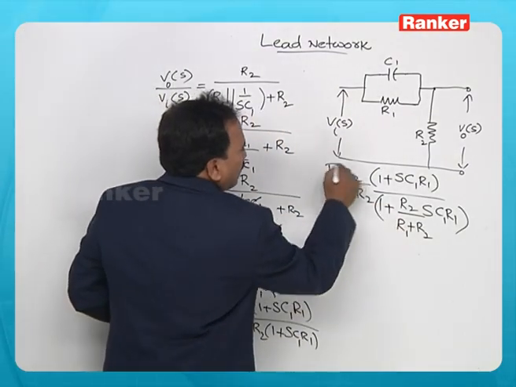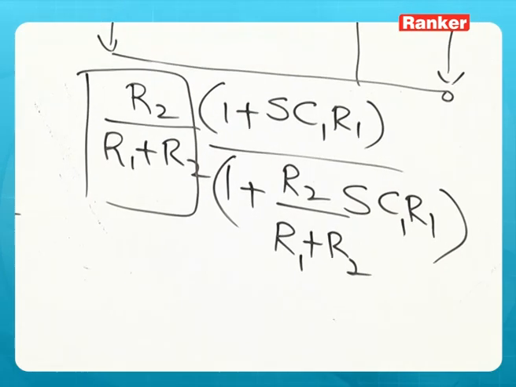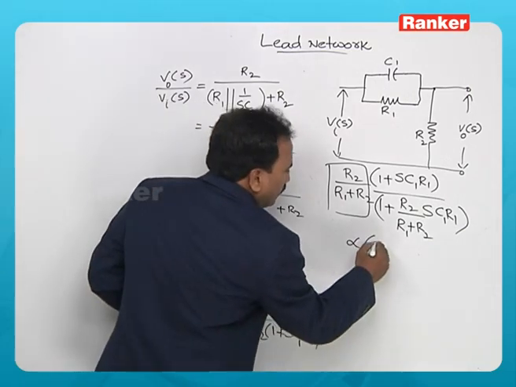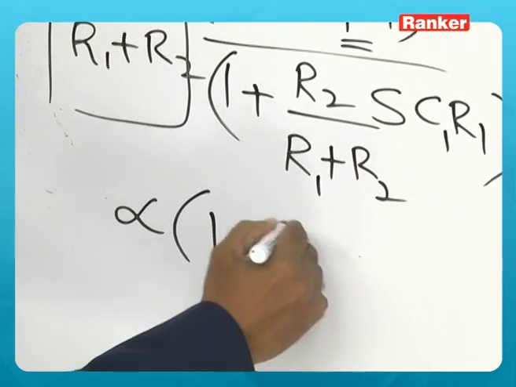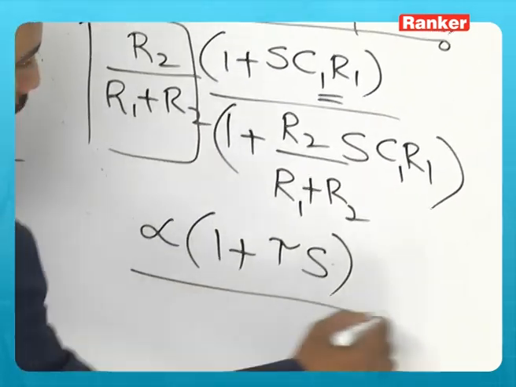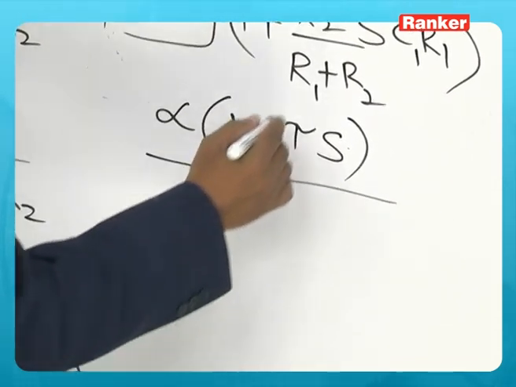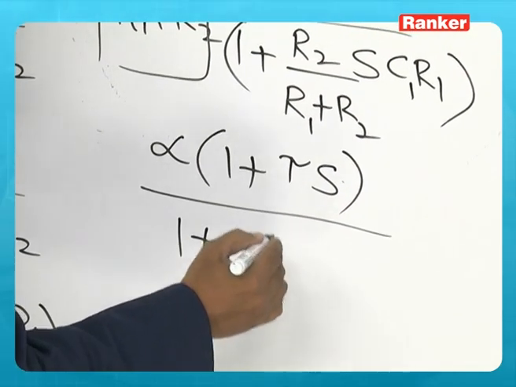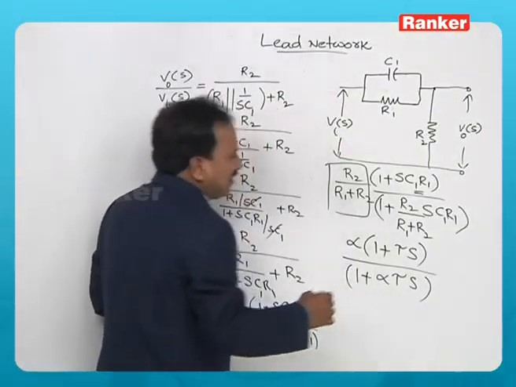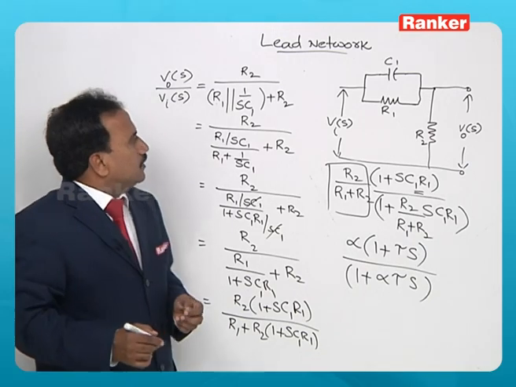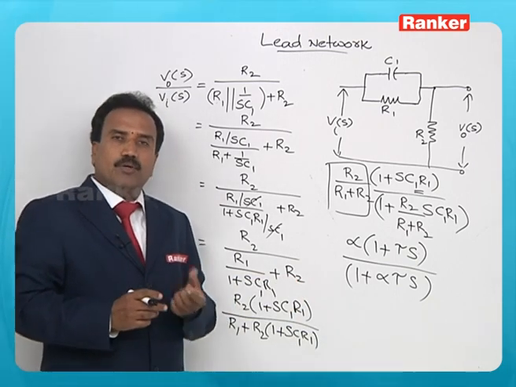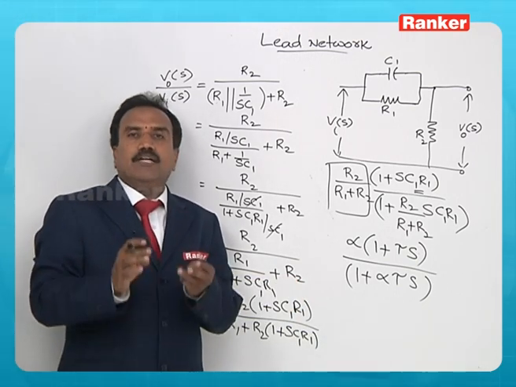So this component R2 by (R1 plus R2) is treated as alpha, a constant, and C1 R1 is treated as the time constant tau of the RC circuit. So the transfer function of the lead network is creating one pole and one zero at finite location.